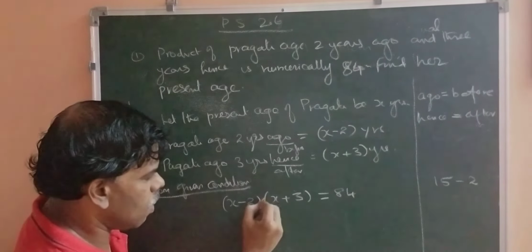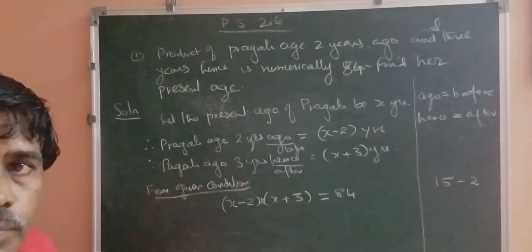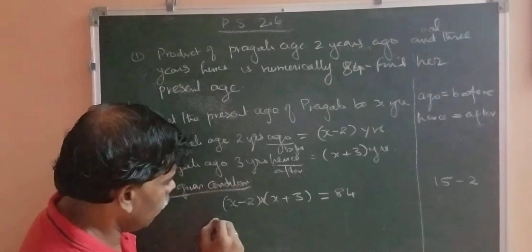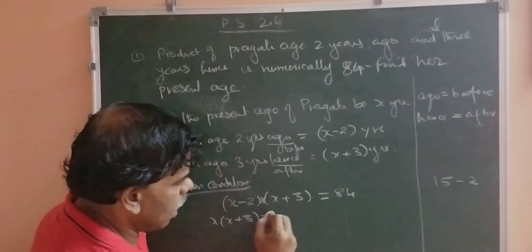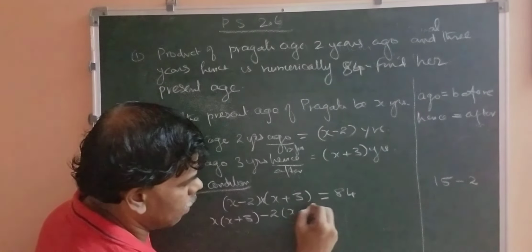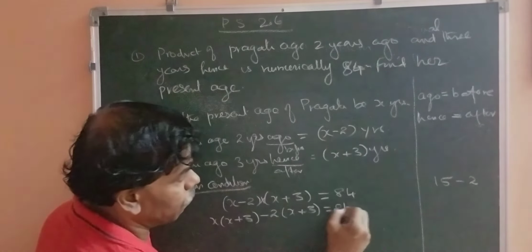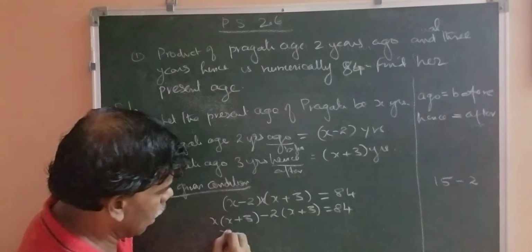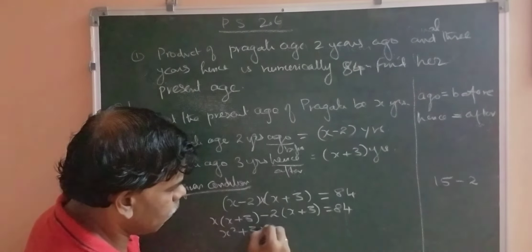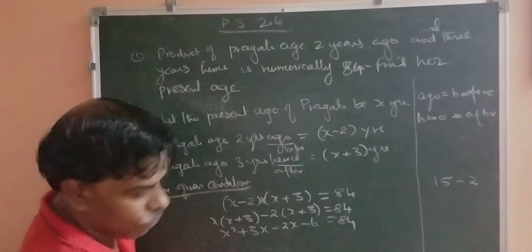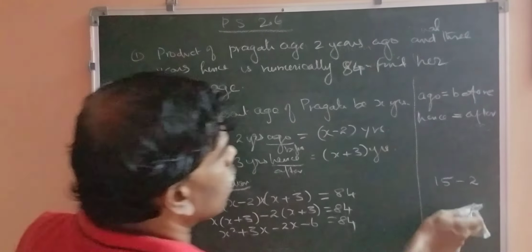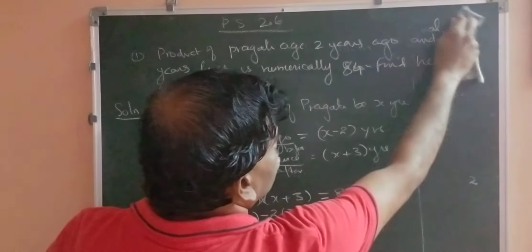See here, it has come product. Right? Now we will simplify. X into X plus 3 minus 2 into X plus 3 is equal to 84. So X square plus 3X minus 2X minus 6 equal to 84. Right? Now I will repeat these things.